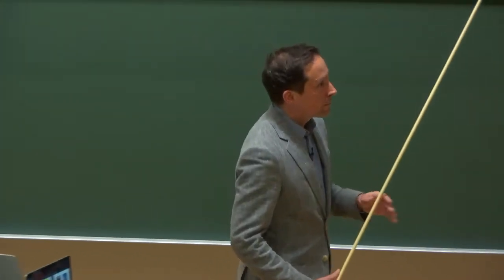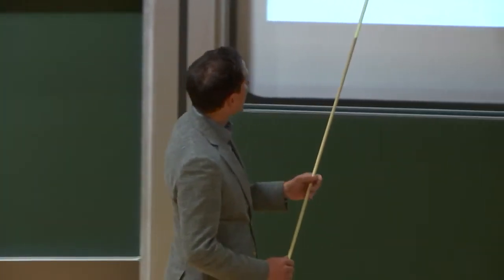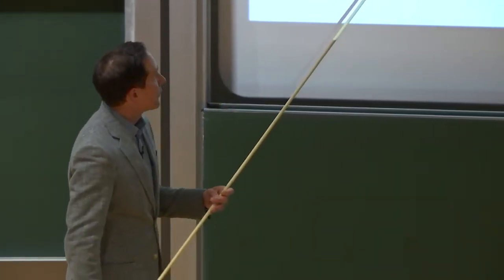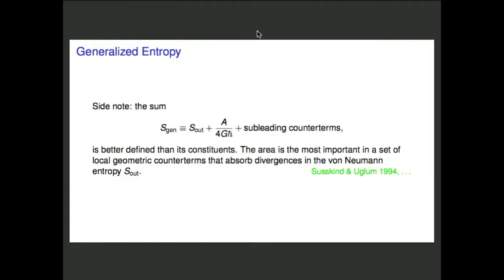And we have a very broad audience, but for the experts, I should emphasize that to the extent that we understand this, and we understand it pretty well for a large class of quantum field theories, this sum is better defined than each term separately. So the von Neumann entropy of a quantum field restricted to the outside of some surface is divergent. The leading divergence is actually proportional to the area divided by the cutoff.